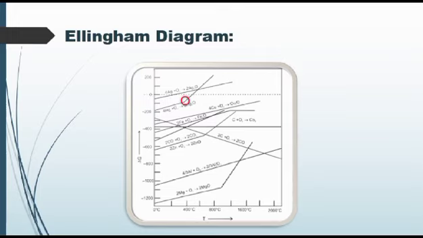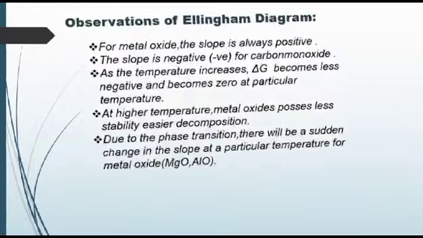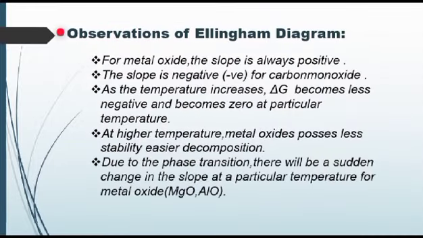So, there is a phase transition, and in the case of magnesium oxide also, at a particular point it reaches its melting point. So, solid magnesium oxide suddenly becomes liquid due to the phase transition. The slope changes.